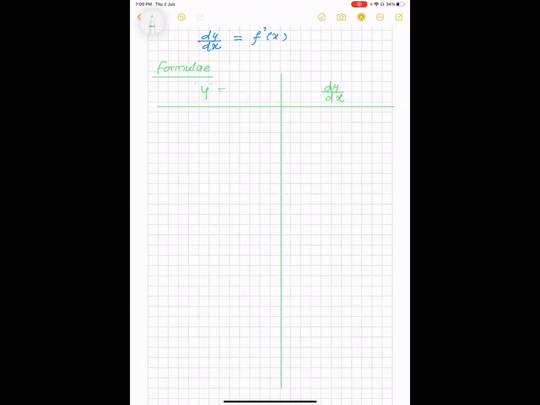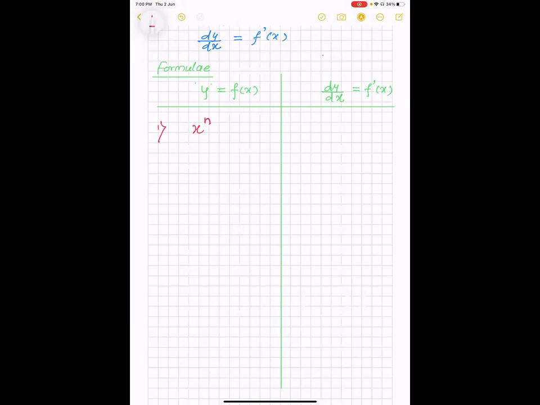Okay, or someone can say y equals f of x, or I can write f dash of x. Starting with a very general function, x raised to n. Here it is very important to understand that x is a variable and n is a constant.